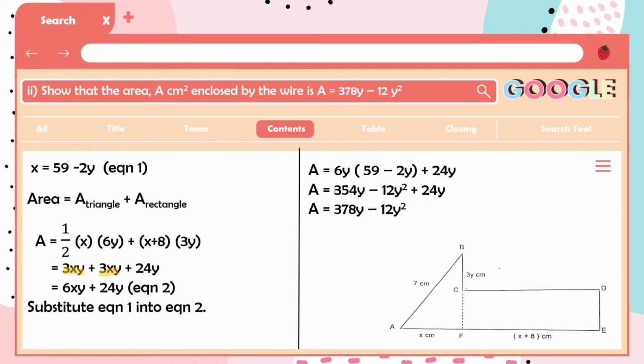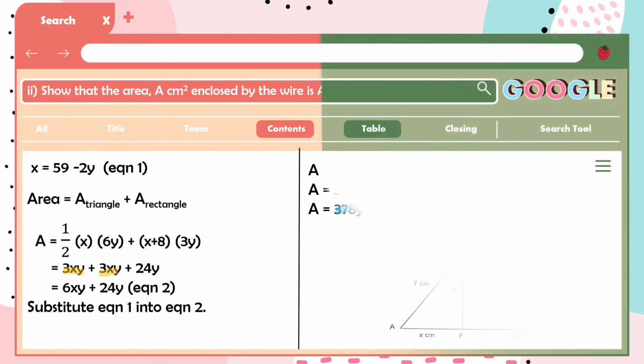We simplify 354y plus 24y, and we get 378y minus 12y squared. Our answer is equal to the question, so that means we are done solving this question.